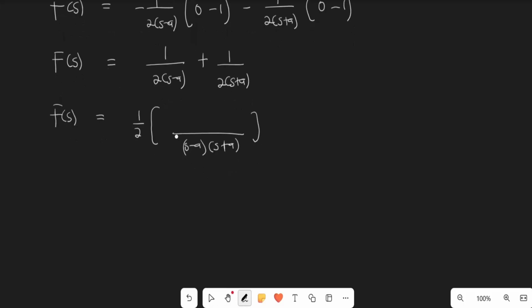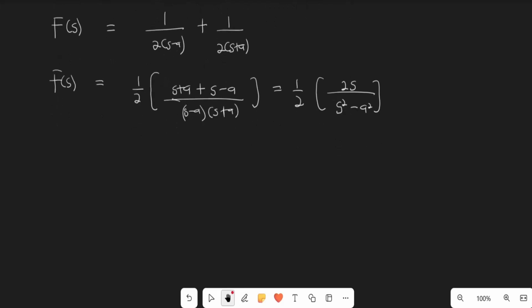So dividing that, this one is going to be s plus a on top here, and now plus this one is going to be s minus a. So this is going to be equal to 1/2, and then the numerator is going to sum to 2s. And the denominator, those are difference of two squares. When we multiply them, that is s squared minus a squared.